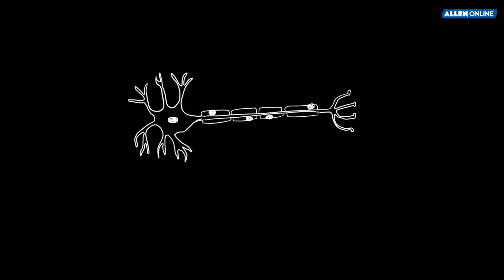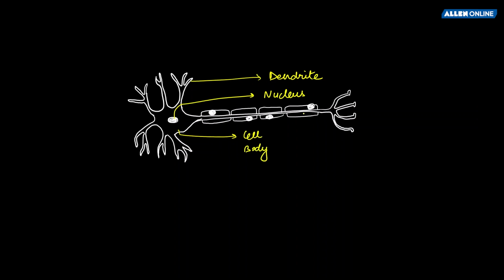Okay, so this is how you can draw the structure of neuron, and now we'll label the parts. So we're going to start with the dendrites, the nucleus, the cell body, this part as axon, and the nerve endings.